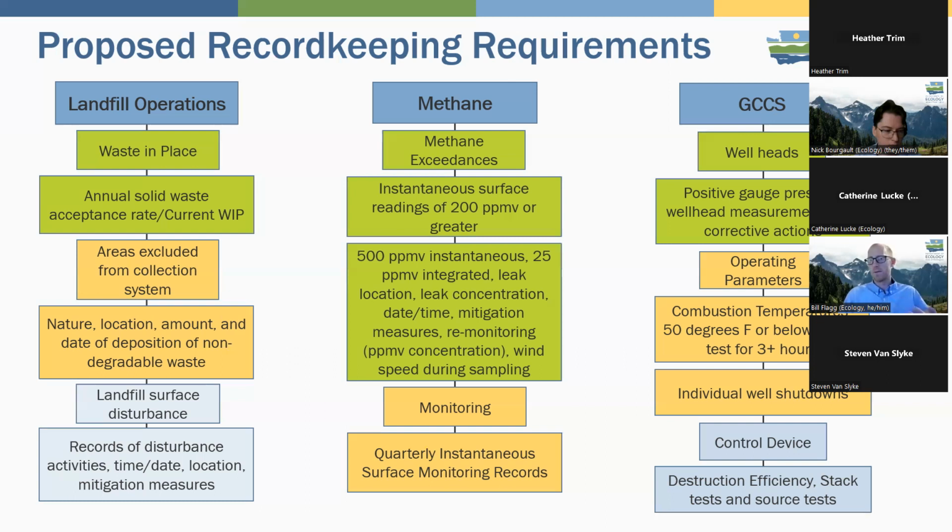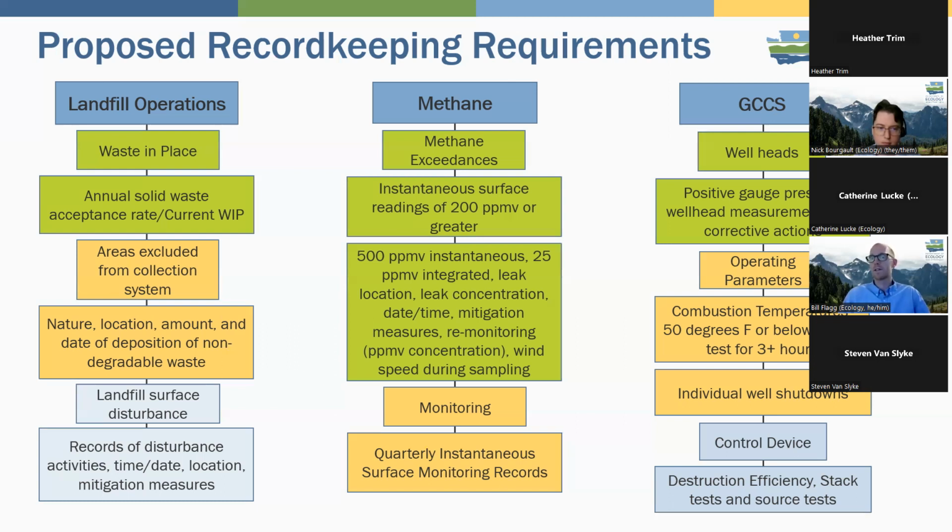And another example of that could be any CERCLA response actions at a landfill that are separate from areas of the landfill that contain municipal solid waste. So we want records on these areas where there aren't any wells or any sort of collection of gas. These records should contain the nature, location, amount, and date of deposition of non-degradable waste.